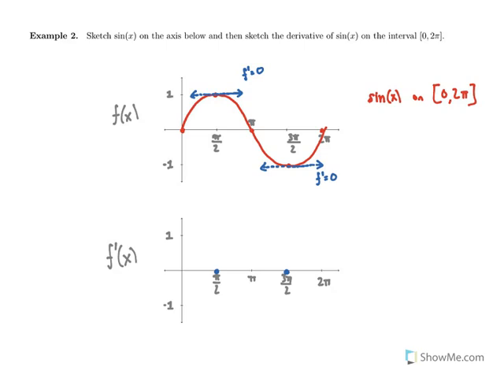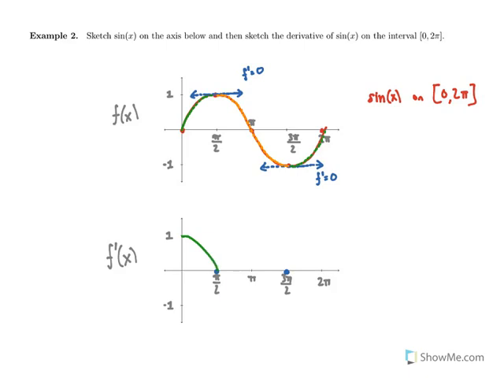Then we're going to think about the derivative. We're going to go from positive to negative as we go from increasing to decreasing, back to positive. And what this is going to look like is something like this.